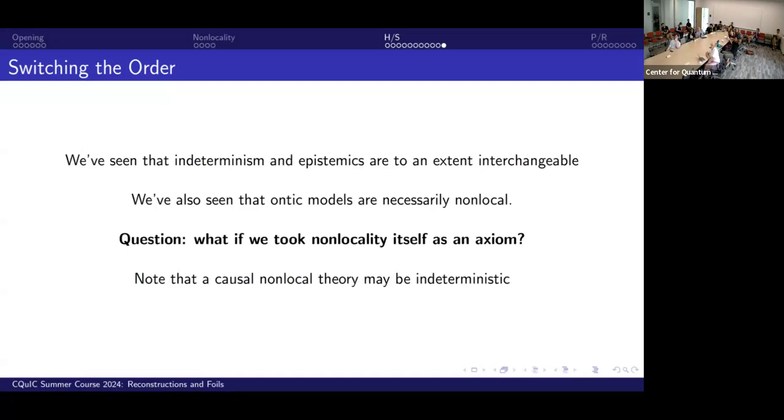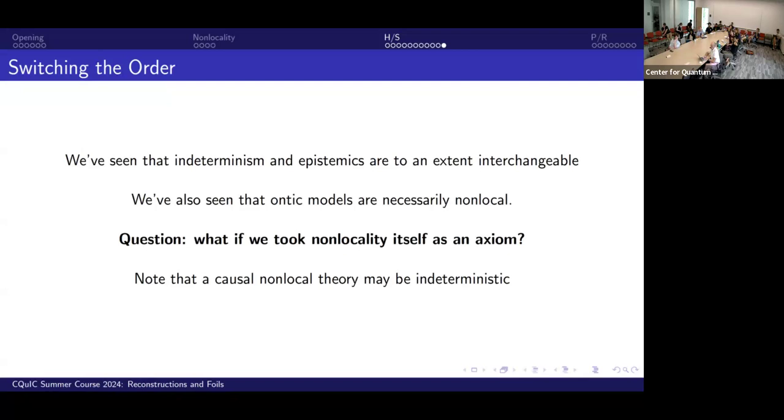Now, we've seen that certain axioms are to a certain extent interchangeable. We've also seen that ontic models are necessarily non-local. A question you can ask is: we had this case of looking at locality as a potential axiom before, so what if we took the opposite? What if we said, let's have non-locality as an axiom in the first place?